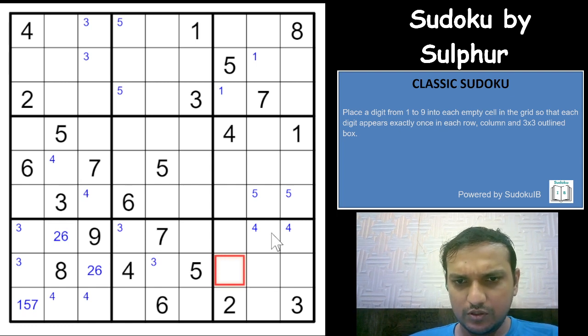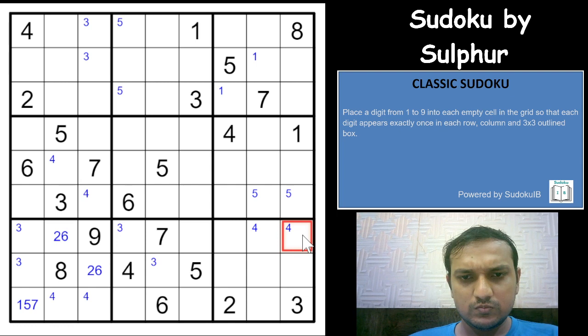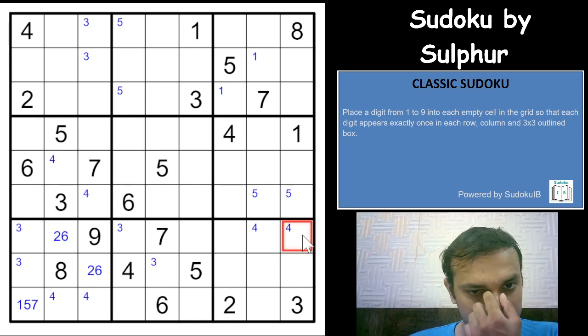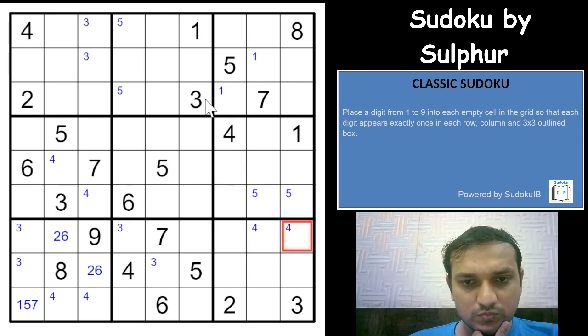I don't see anything with 3 and 4 actually. There is a 6, how can I miss that?